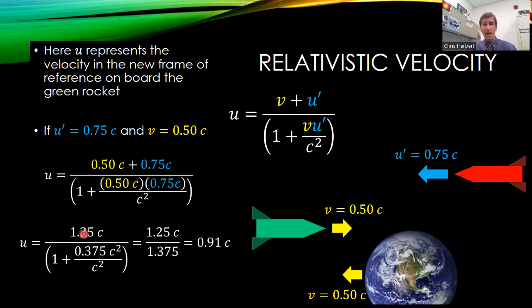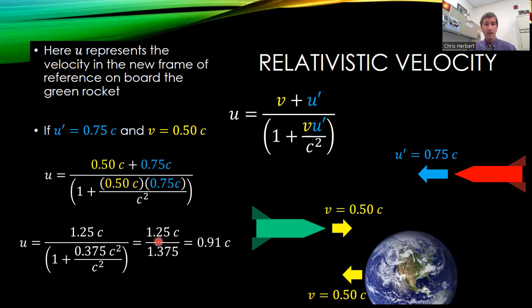So notice what happens with my denominator. In my denominator, I have 1 plus the speed of the frame of reference times the speed of the other object divided by c squared. That's going to keep my denominator larger than my numerator. So no matter how fast anything goes, the denominator is always bigger than the numerator. U will always be less than 1 times the speed of light.